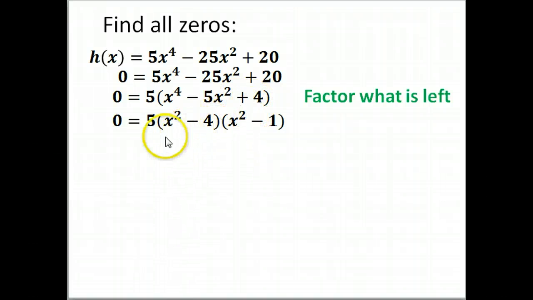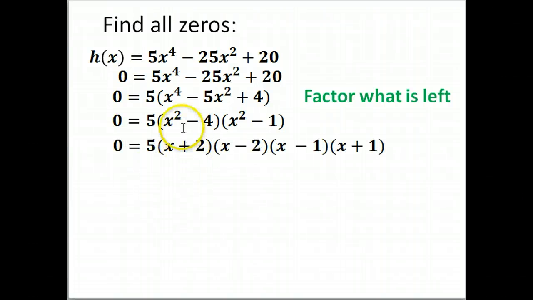Okay, so now we've got this set up and we're feeling pretty good about ourselves. The next step is to see if we can factor these any further. Well, x squared minus 4 I know can factor. That's x minus 2 times x plus 2. And x squared minus 1 can factor to x minus 1 times x plus 1. So I have to take it a step further and factor all of those.